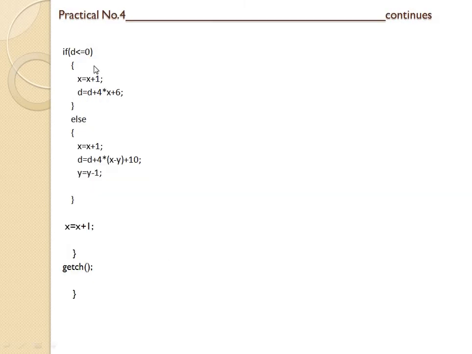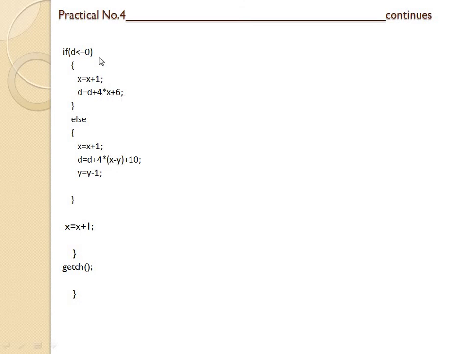Then we check the if condition, that is, d is less than or equal to 0. If this condition is true, then we increment the x value, that is x is equal to x plus 1, and then calculate the nearest value, that is d is equal to d plus 4 into x plus 6.